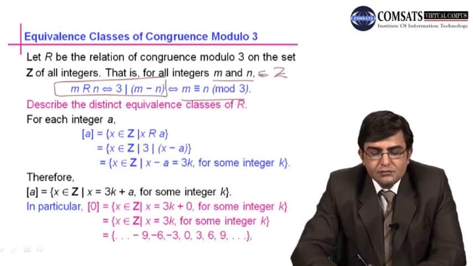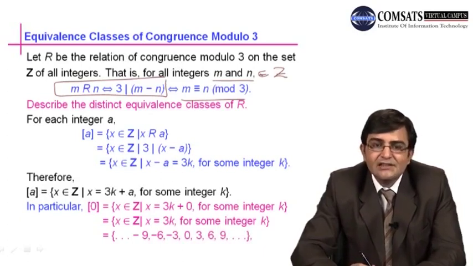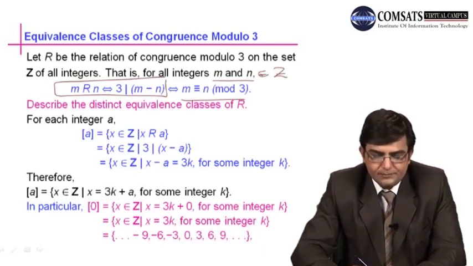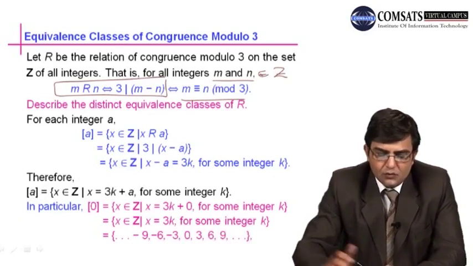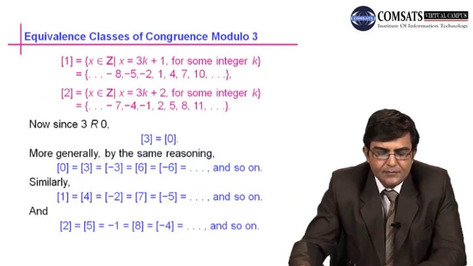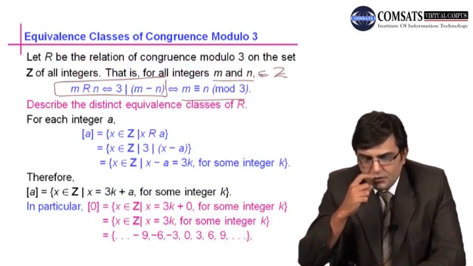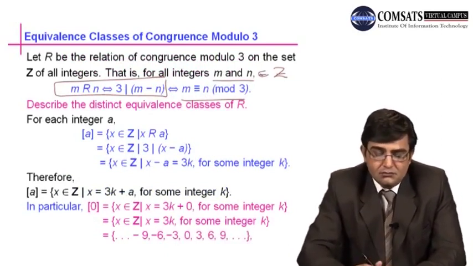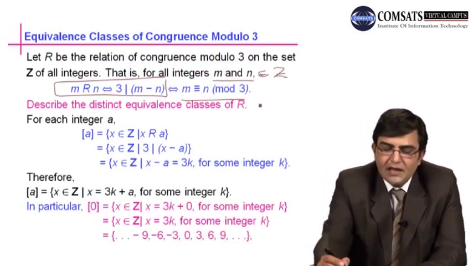So we have to compute the distinct equivalence classes of R, and we have to show whether this relation is an equivalence relation or not. How shall we prove it? First we have to prove whether this relation is reflexive or not.